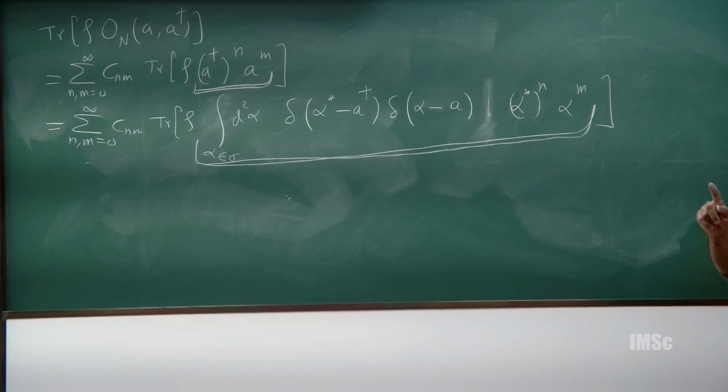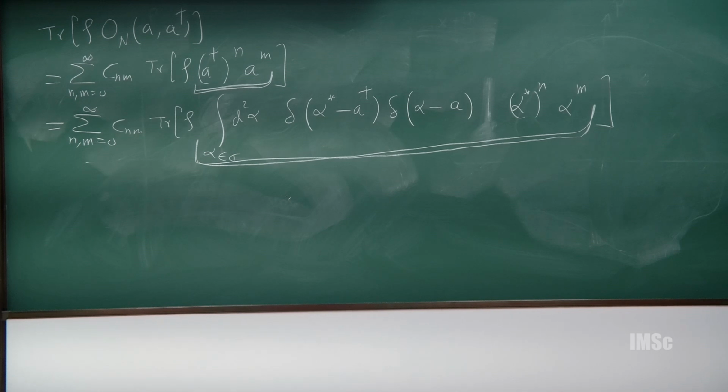Formally, you will have to take the matrix element, because this is an operator. In this kind of step, the fact that alpha is actually an eigenvalue of A helps. Exactly.